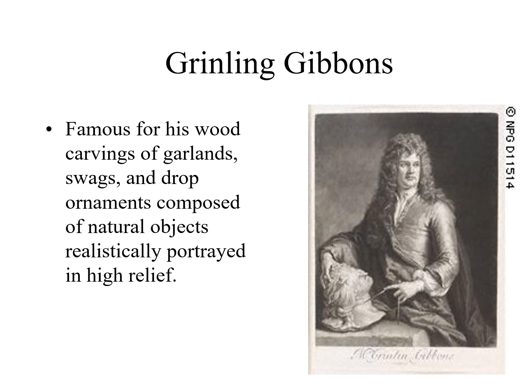Grinling Gibbons became particularly famous for his wood carvings of garlands, swags, and drop ornaments composed of natural objects realistically portrayed in high relief, minute detail, and with deep undercuts. The ornament was carved in fine-grained woods such as lime, box, and pine.